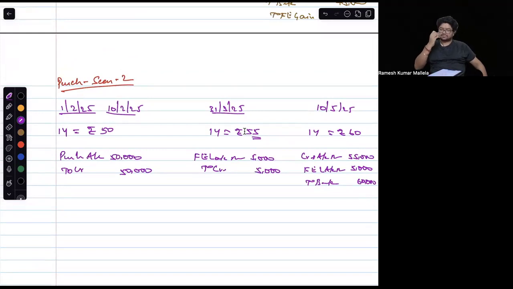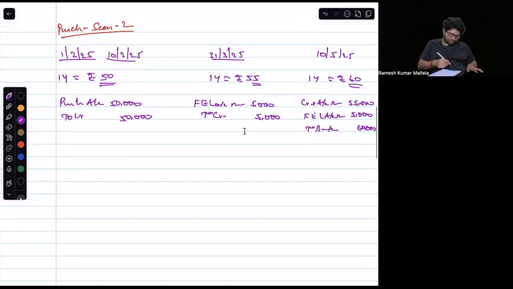Am I making sense? Yes, sir. So literally the difference between 50 and 60, 10 rupees, you are splitting into 2 periods. First 5 rupees for the first financial year, and the remaining 5 rupees for the second financial year. Is it clear? Yes, sir.